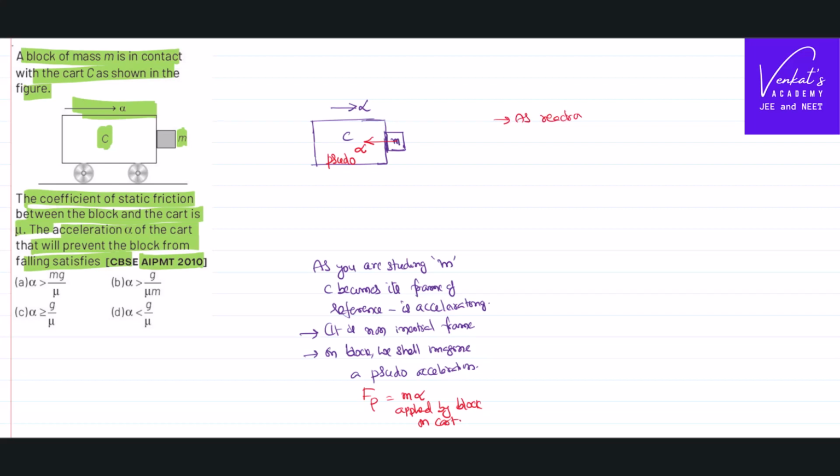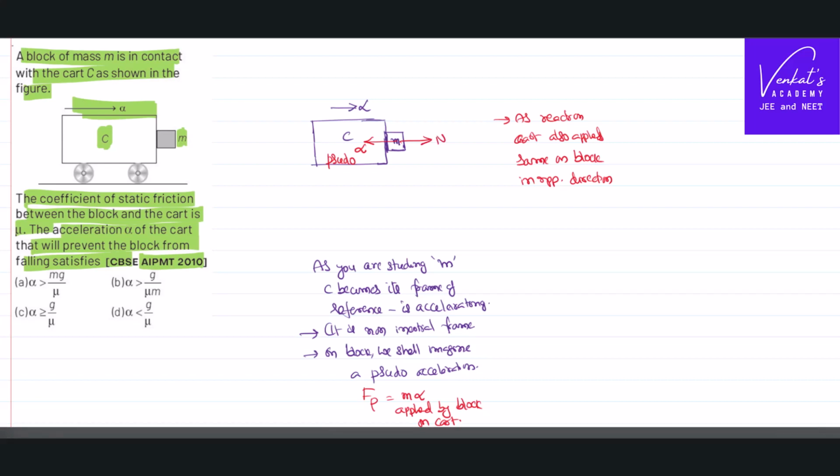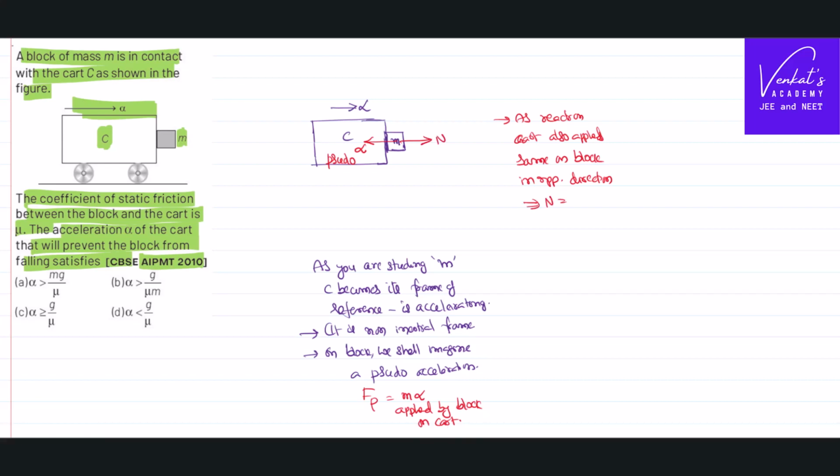As reaction, the cart also applies the same force on the block in the opposite direction. That is called a normal reaction. So in this case, the normal reaction is nothing but equal to M alpha.